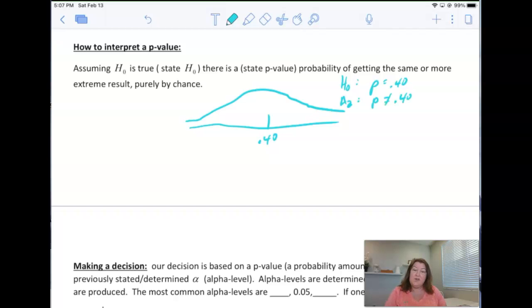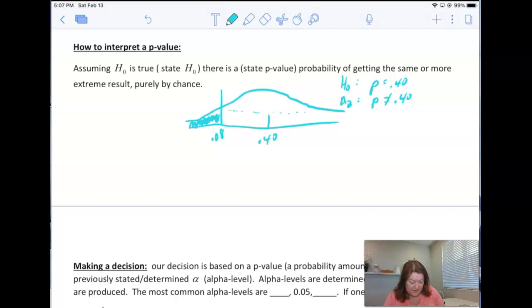Okay, and so I go and do my sampling and I get a proportion that is down here at, let's say, 0.08. So assuming that the true population parameter really is 40%, there is about what percentage chance of getting the same or more extreme? So if it was a not equals, I would want to add in this amount and then whatever the same amount is on the other side.